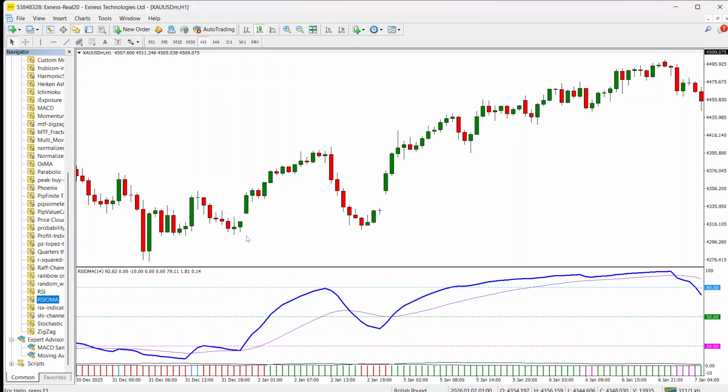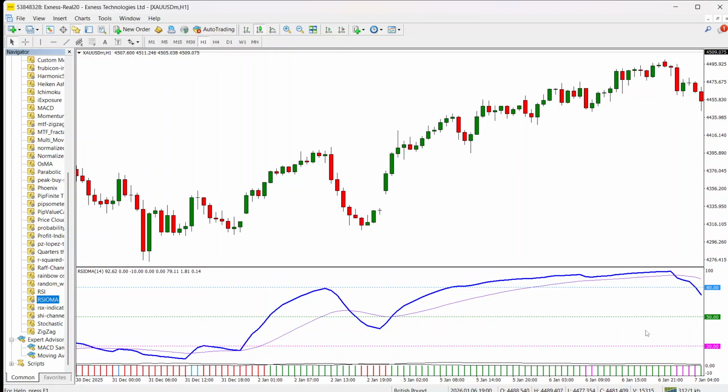On the chart, the RSI-OMA indicator is displayed in a separate window as two lines oscillating between 0 and 100, similar to traditional RSI. The RSI-OMA line moving above the signal line typically signals bullish momentum, while the RSI line moving below the signal line suggests bearish momentum.